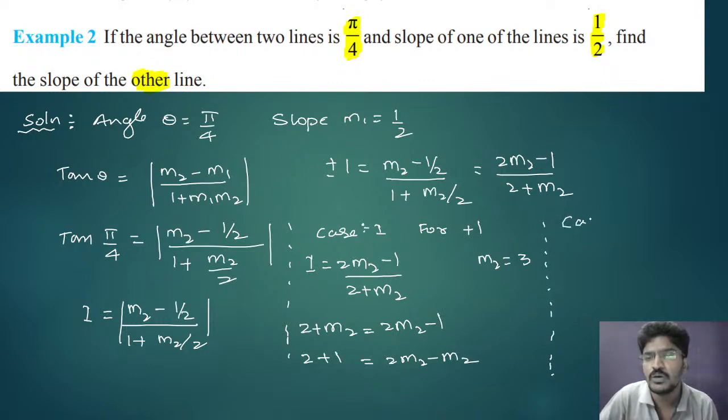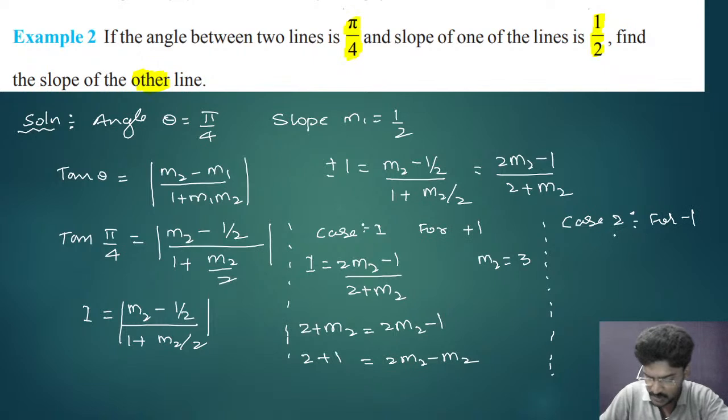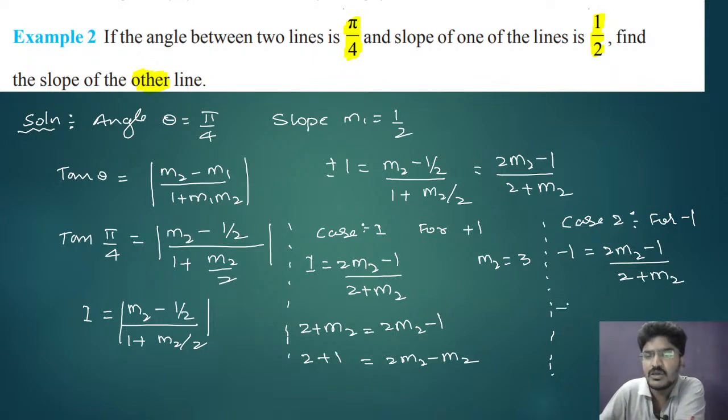Case 2, for minus 1: minus 1 equals (2m2 minus 1) divided by (2 plus m2). Do the cross multiplication: minus 2 minus m2 equals 2m2 minus 1.